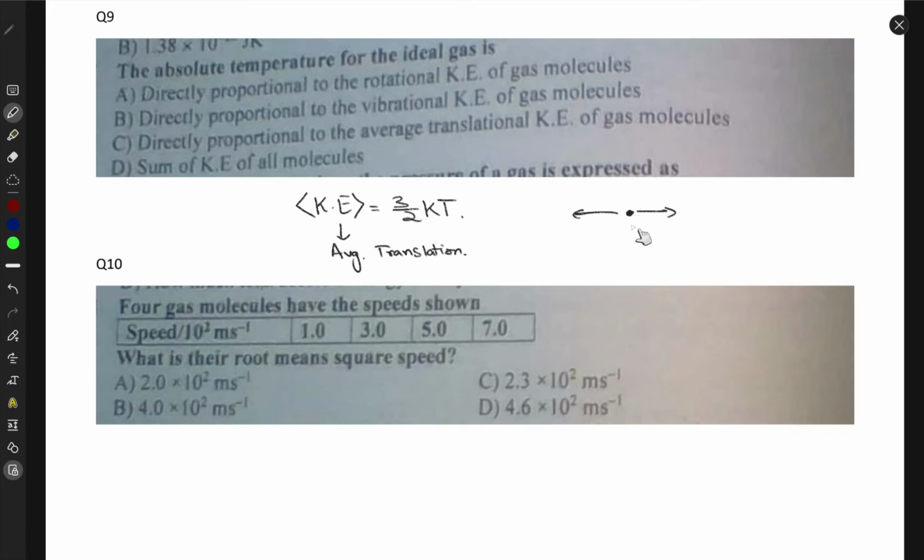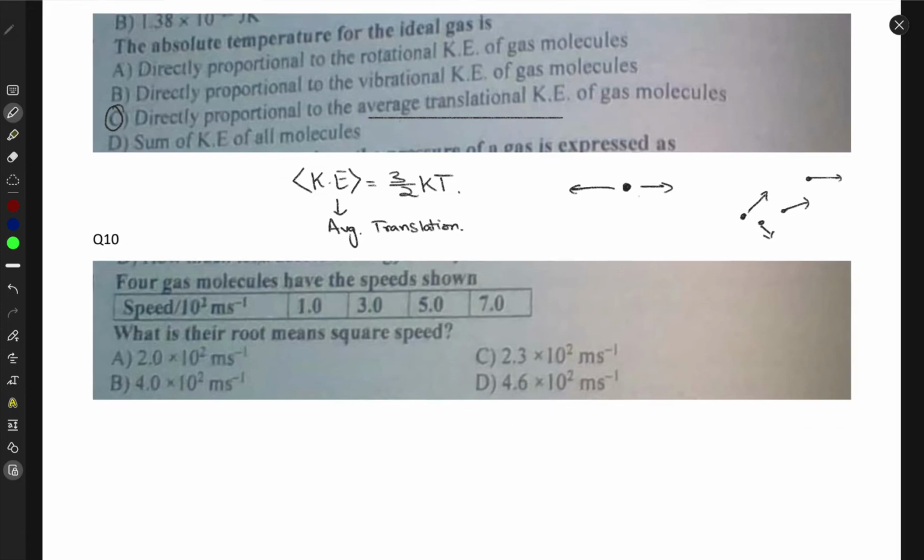It's not talking about the rotations of these molecules. So the correct option is option C, which says that it is directly proportional to the average translational kinetic energy of these gas molecules, how they're translating really. Translation is just the linear change in displacement.